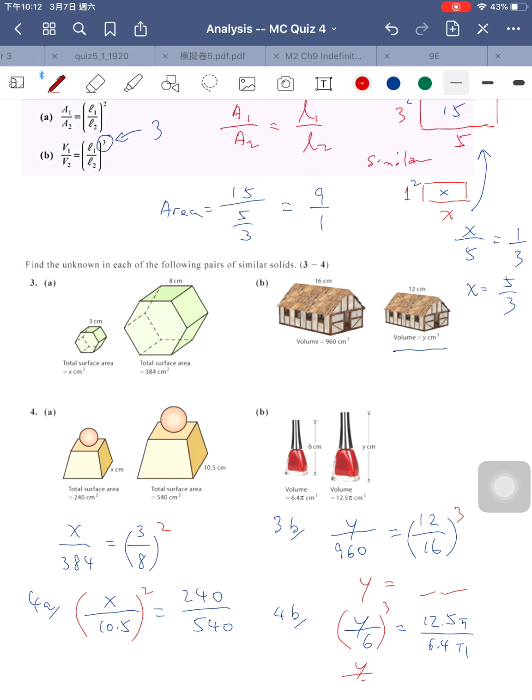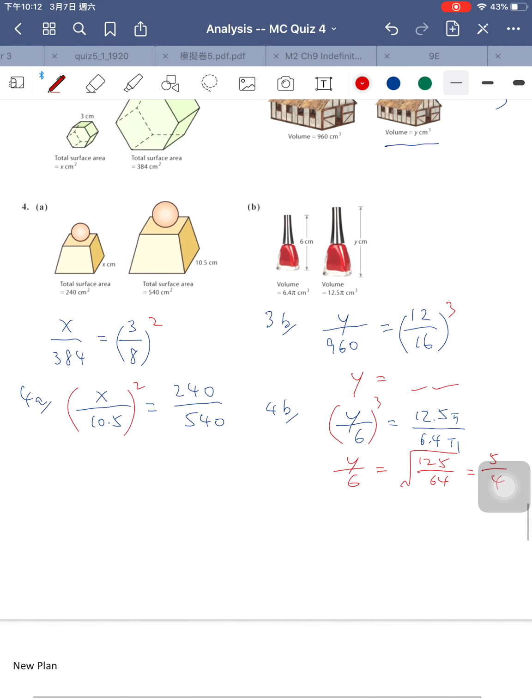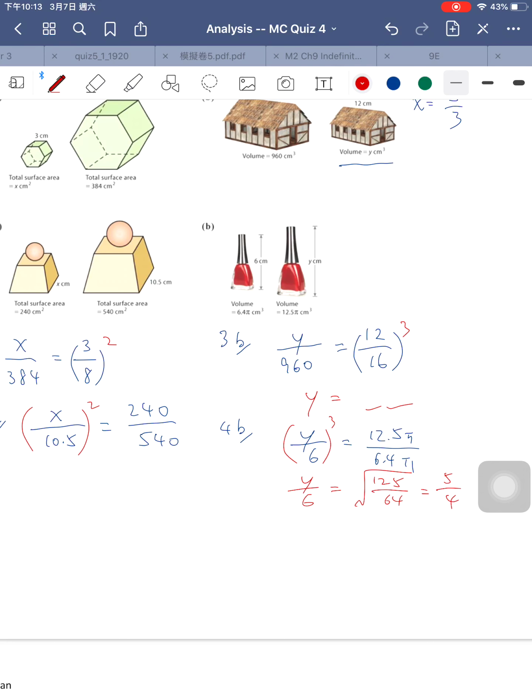So y over 6 is taking the cube root of 125 over 64, that is 5 over 4. Then you should notice that y over 6 equals 5 over 4, that is y equals 7.5.